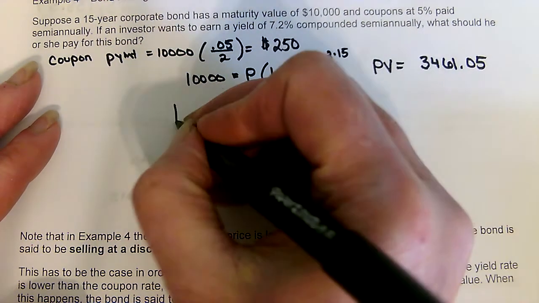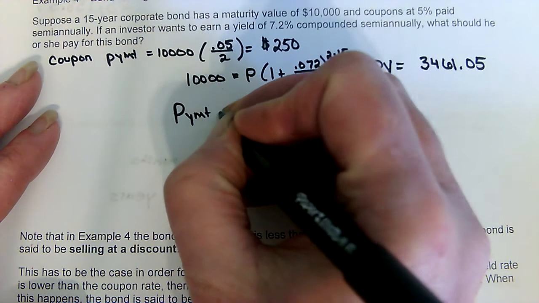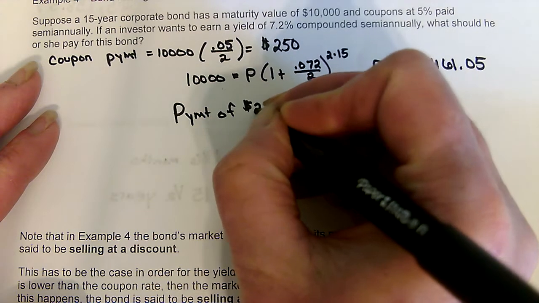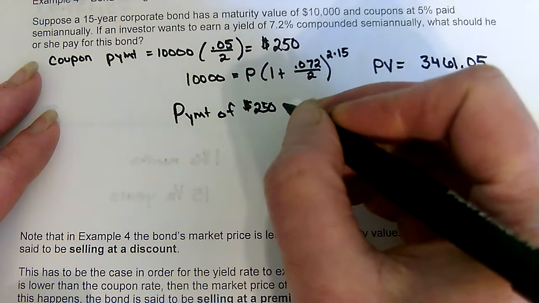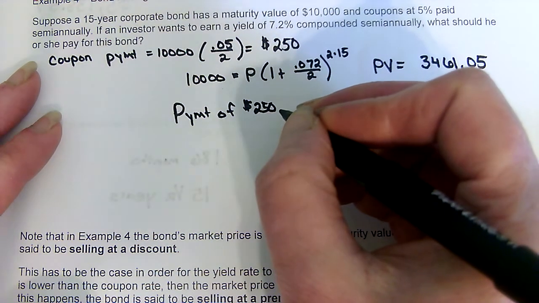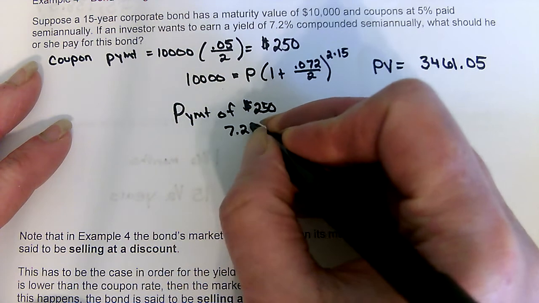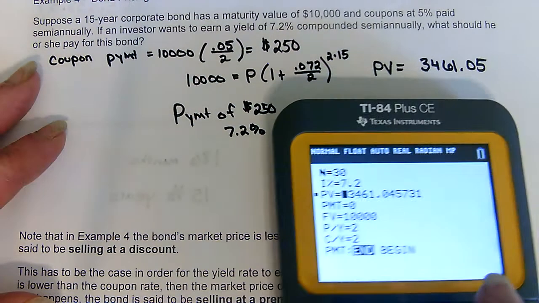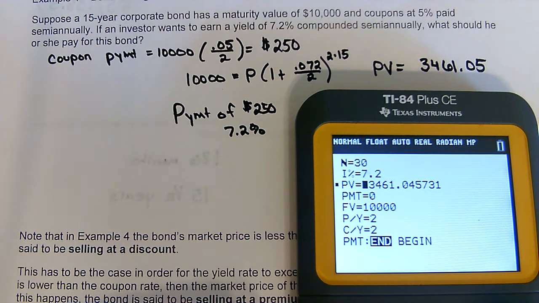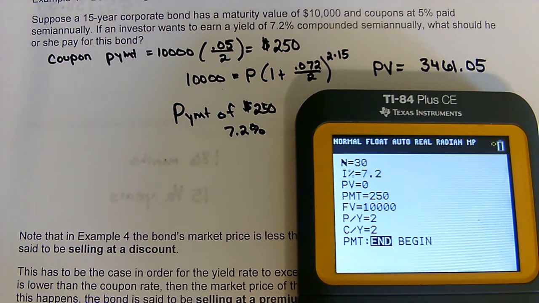Now, what about those coupons? Well, those are the payments of $250. Let's do that at the 7.2% interest. So for the same amount of time, we want to know the present value for just those payments, ignoring that money.